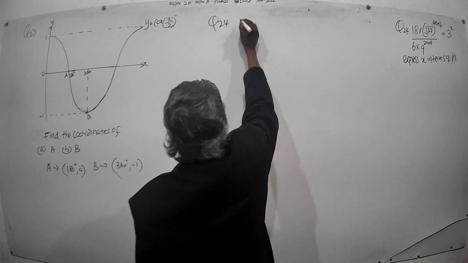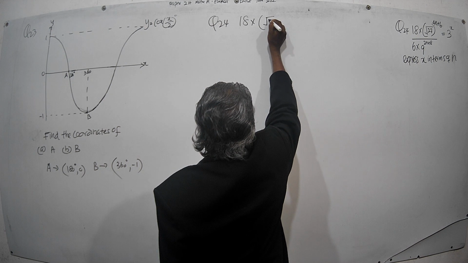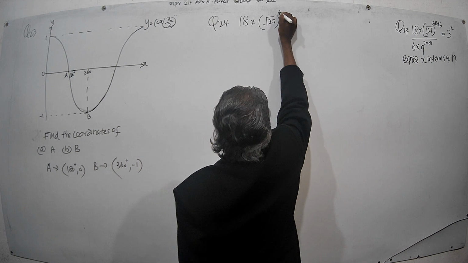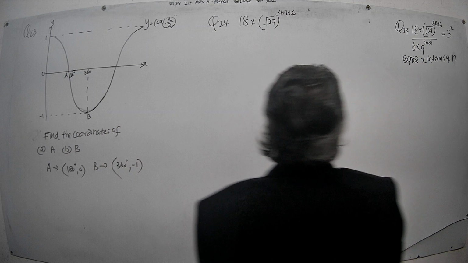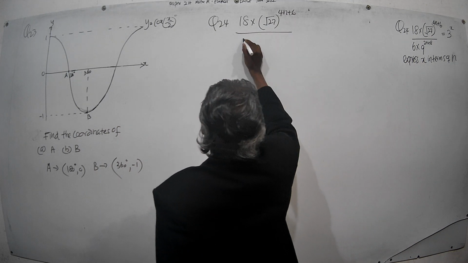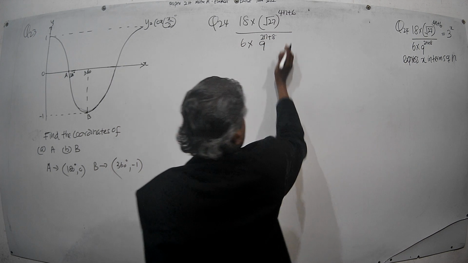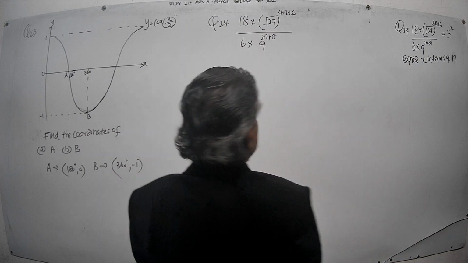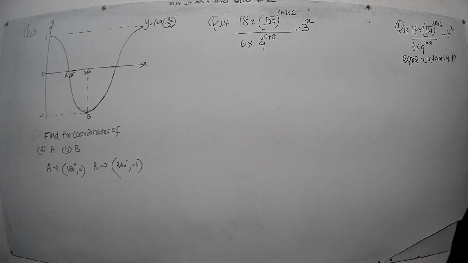They have given 18 into square root 27, that whole to the power 4n plus 6, over 6 into 9 to the power 2n plus 8, equals 3 to the power 6x.